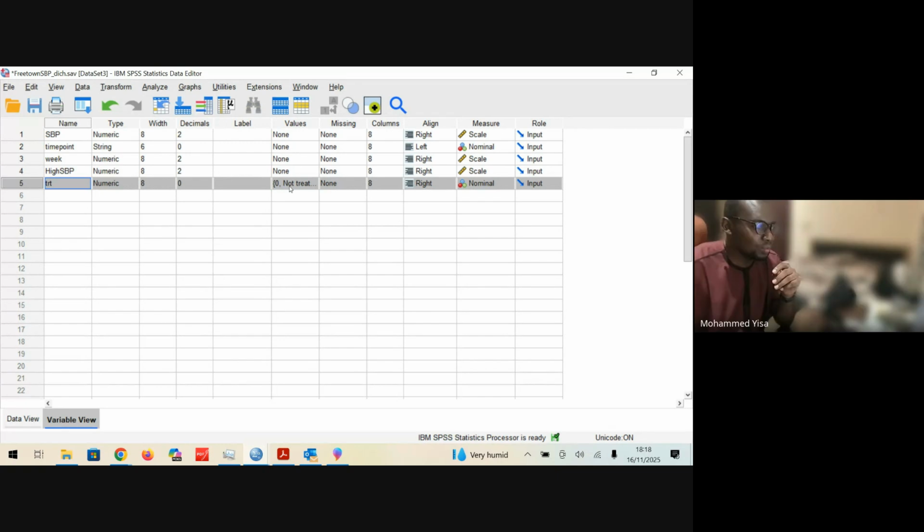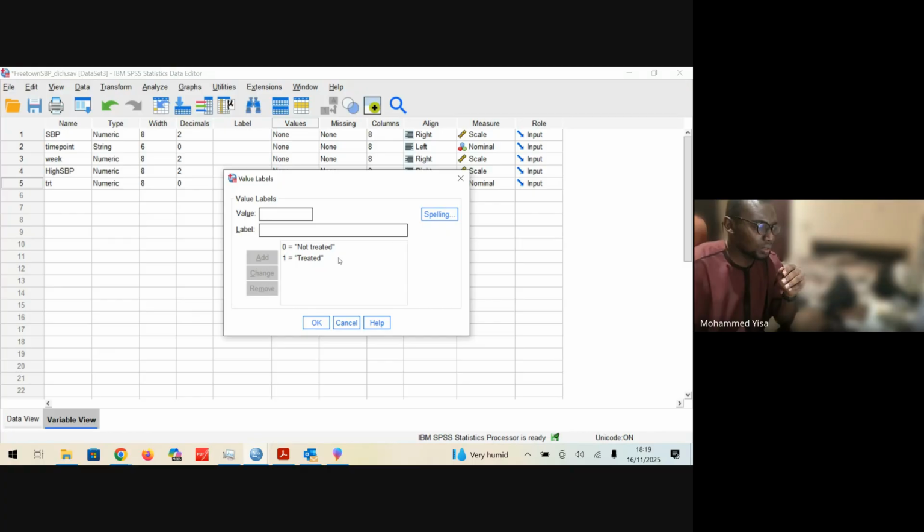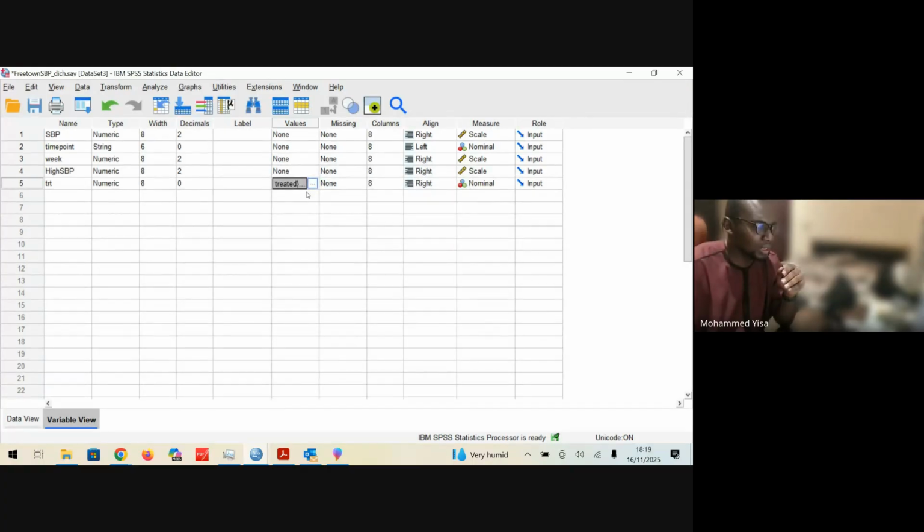The only reason why I changed this is so that I can go back and undo the changes, right? It's not difficult. I will do the analysis with the changes and without the changes. The only difference is that on the analysis output, one will show 0 and 1, and the other will show treated versus non-treated.